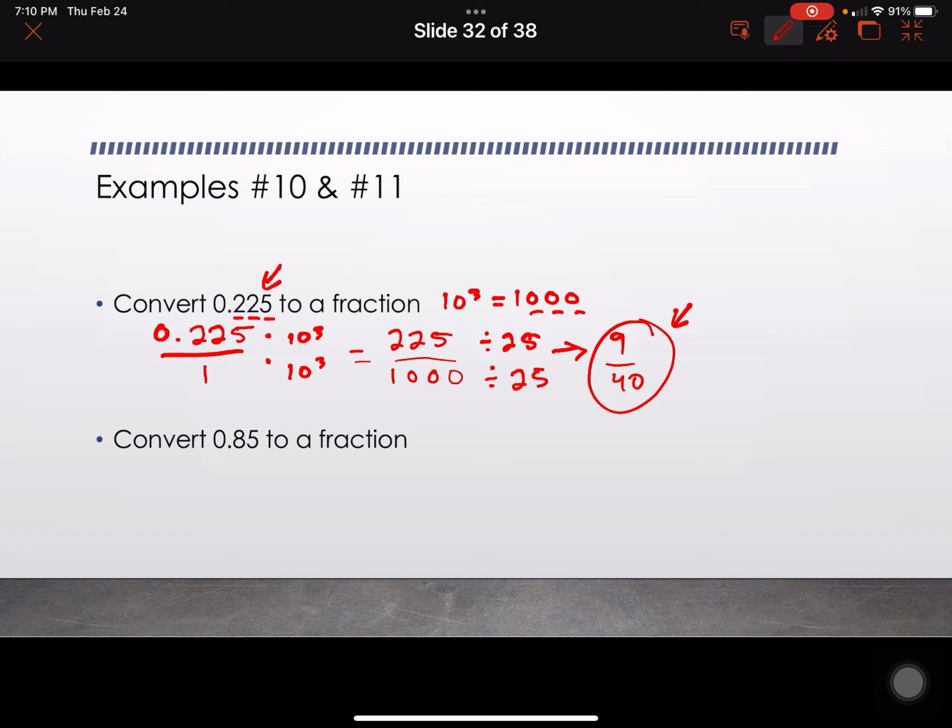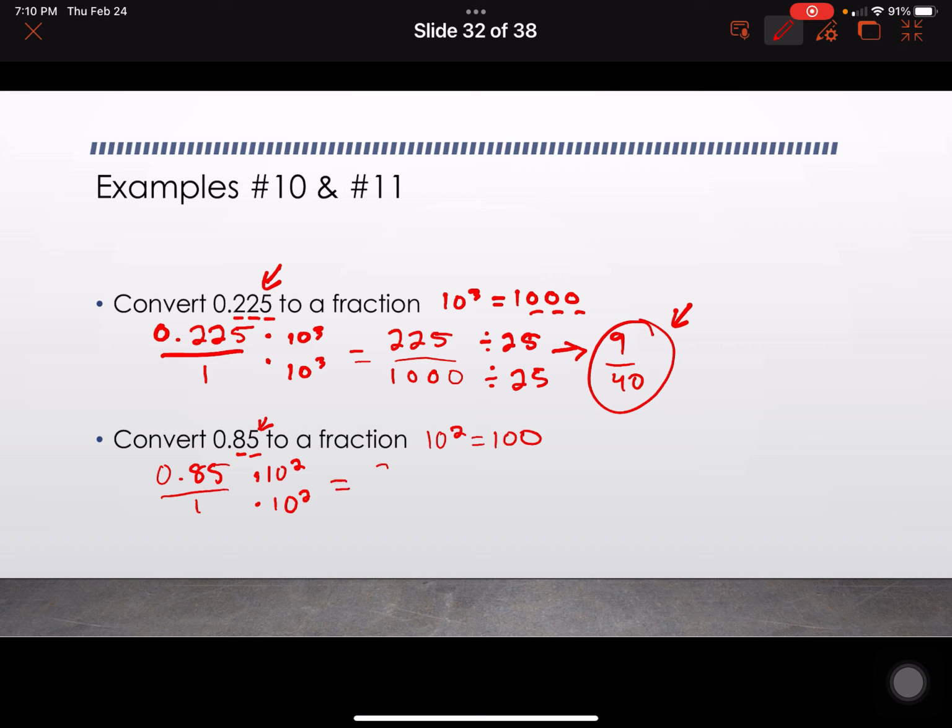0.225 is the same as 9 over 40. Now for this next one, we'll start by putting 0.85 over 1, just like before. So what do we want to multiply the top and bottom by? We'll do 10 to the power of 2 because we're dealing with 2 decimal places here, which is the same thing as 100.